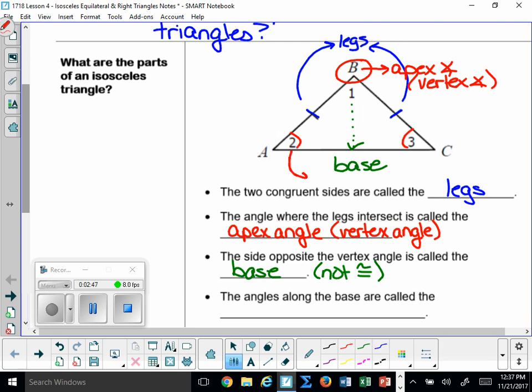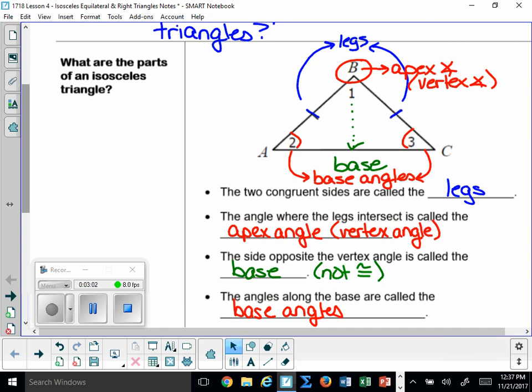Very creatively named. The interesting thing about base angles is base angles are congruent. We have a theorem that's going to talk about that in just a minute. So, base angles, base, apex angle / vertex angle, and legs are all vocabulary words you need to make note cards for.